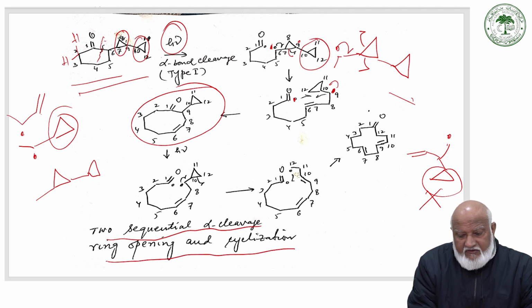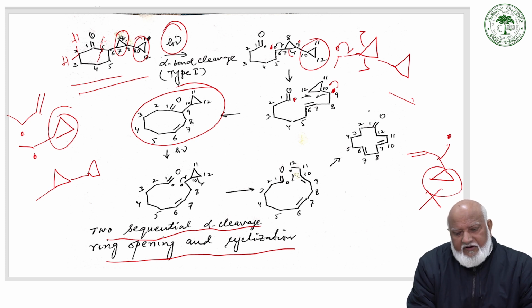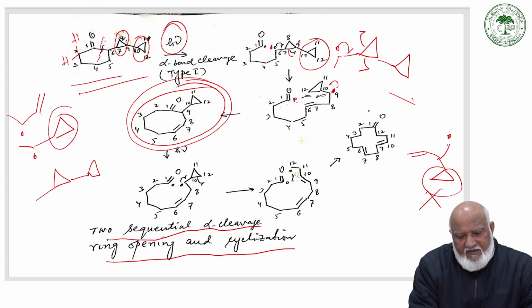So this is the opening of the first cyclopropane ring to give a diradical, and the combination of this diradical species gives this as one of the products.